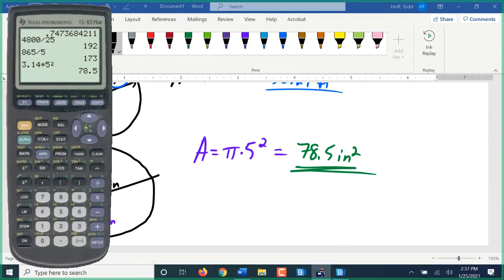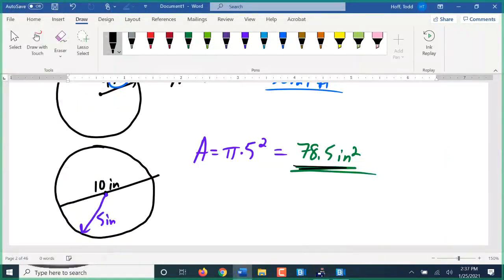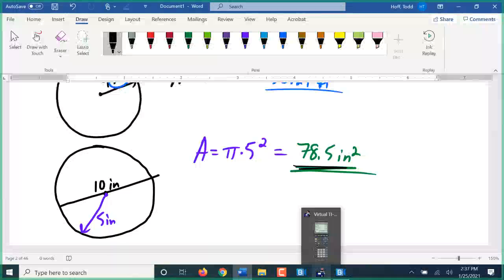What happened there? Did you use 3.12 or something instead of 3.14? Oh yeah, I messed up. My bad. If you use the pi key, you get 78.5398. Well, that's close enough. I would accept anything between 78.5 and 78.54 pretty much.